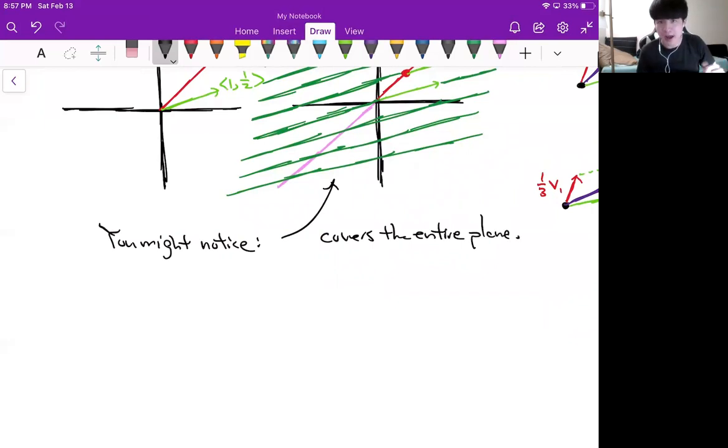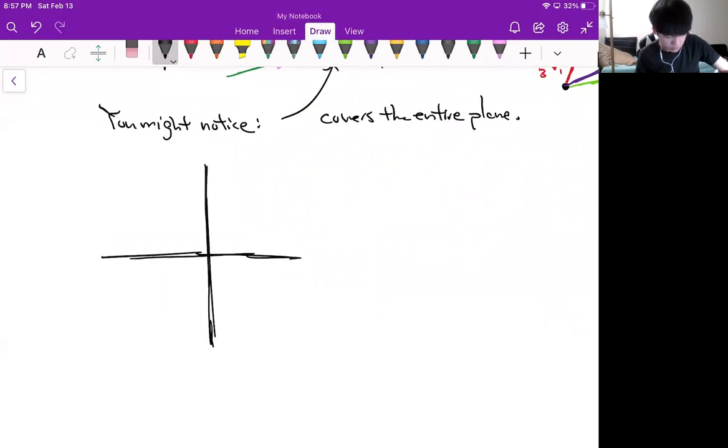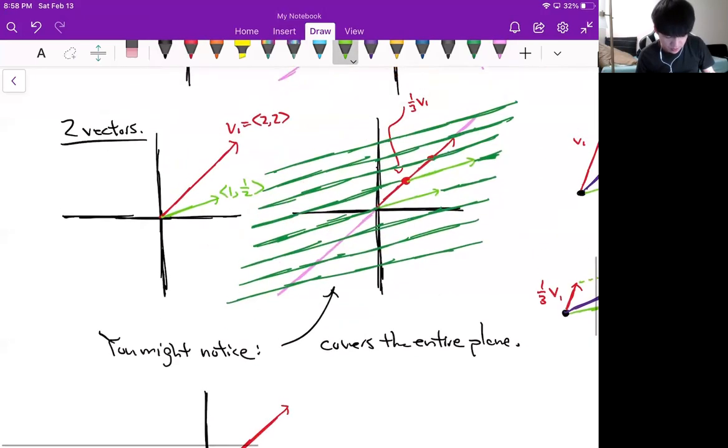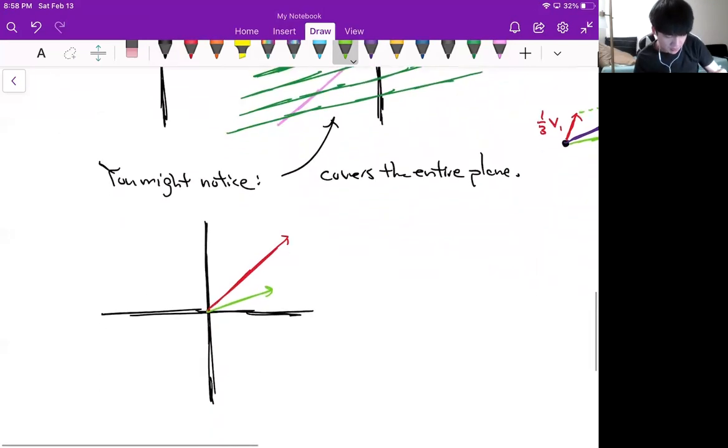And that's exactly what happens, because if I draw those two vectors again, you can really visualize it this way. I'm allowed to go as far in the V1 direction as I want, and then once I pick where to go, I can go as far in the V2 direction as I want. Any point can be obtained this way.